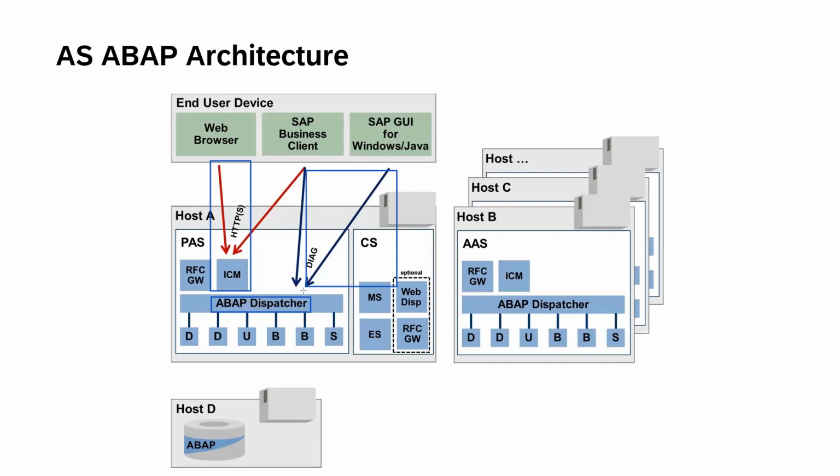From a Business Client, the connection for HTTP will connect to the ICM, and the connection for dialog will connect to the ABAP dispatcher. Is this point clear with all of you?